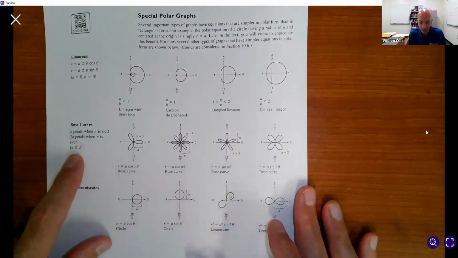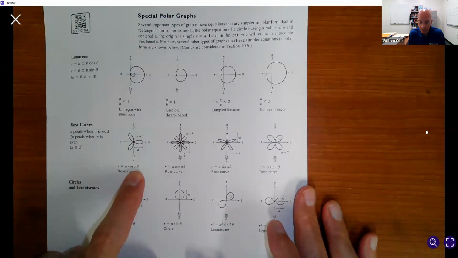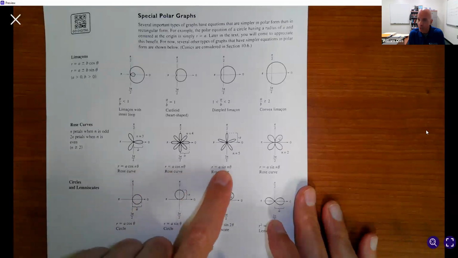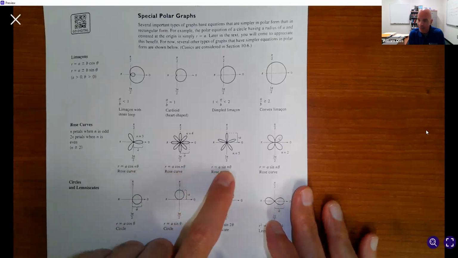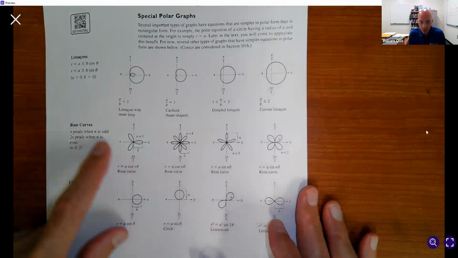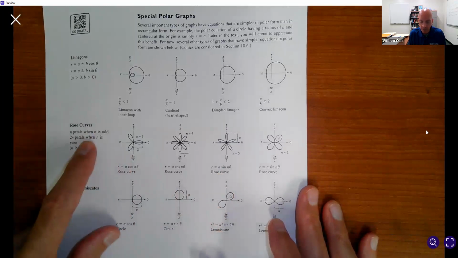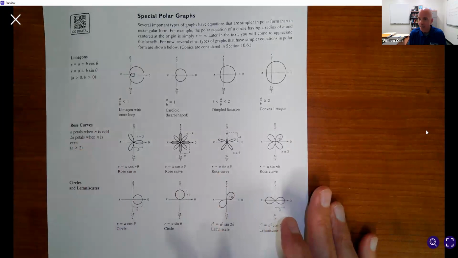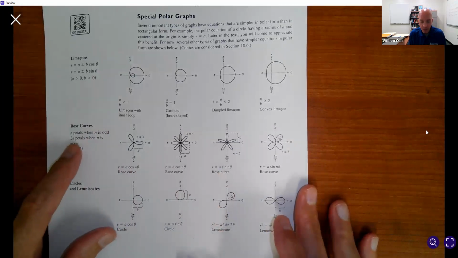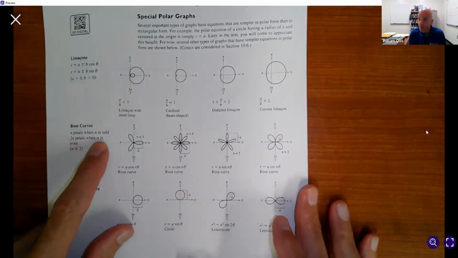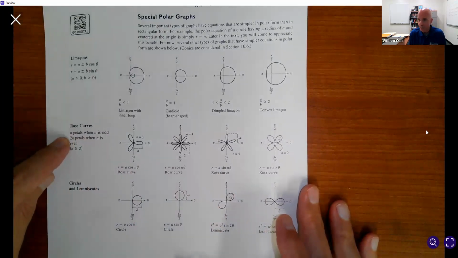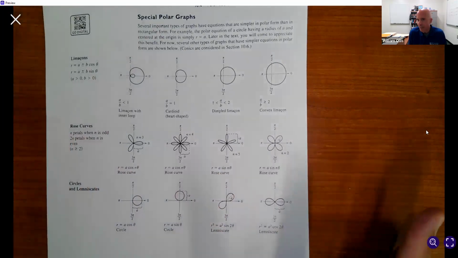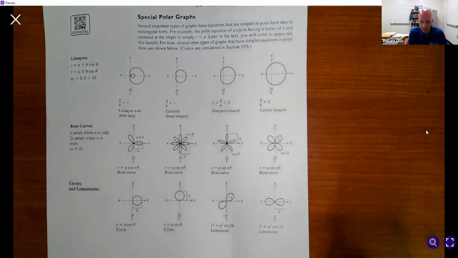The idea here is that you have multiple angles, just like you studied multiple angles in trigonometry. So you have R equals A cosine n theta or R equals A sine n theta. What we've noticed here, which is very convenient, is that when n is odd, you get n petals. When n is even, the trigonometric equation gives you 2n petals. So again, interesting that we have that.